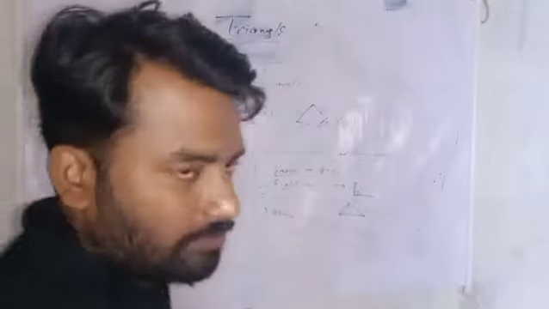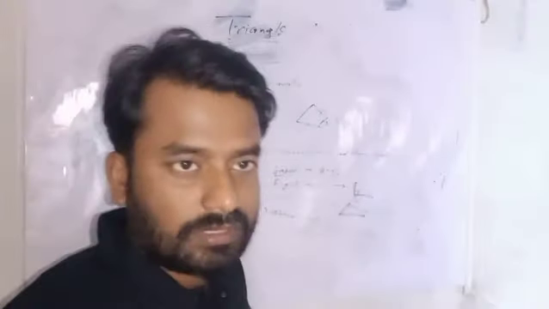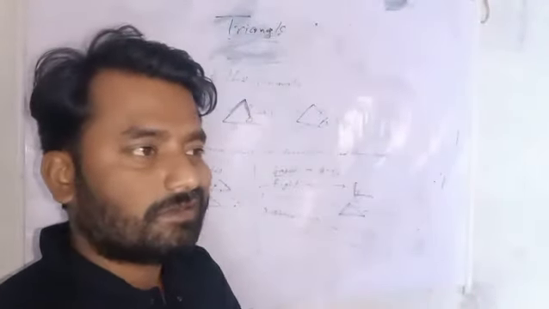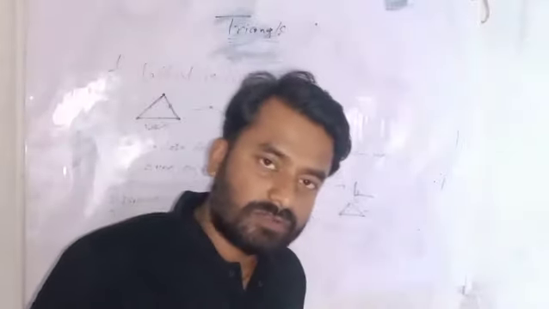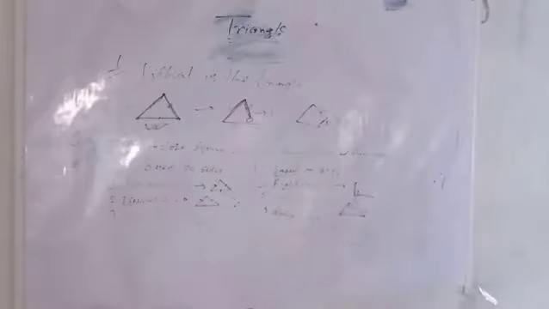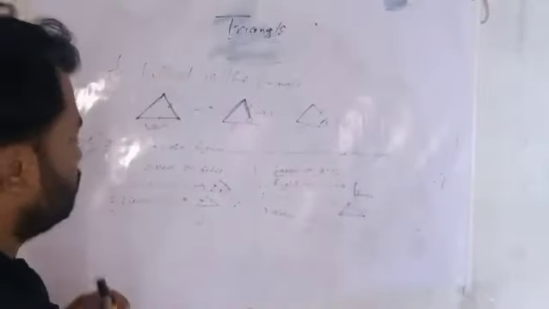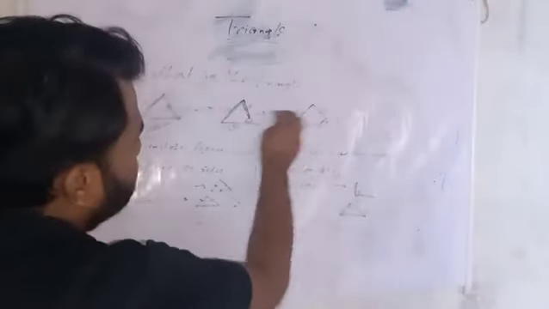We have discussed two things: what is a triangle and what are the types of triangles based on their sides and based on their angles. Now we go on to other things.